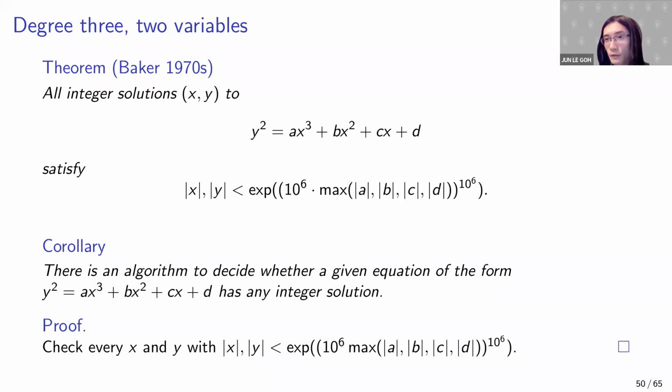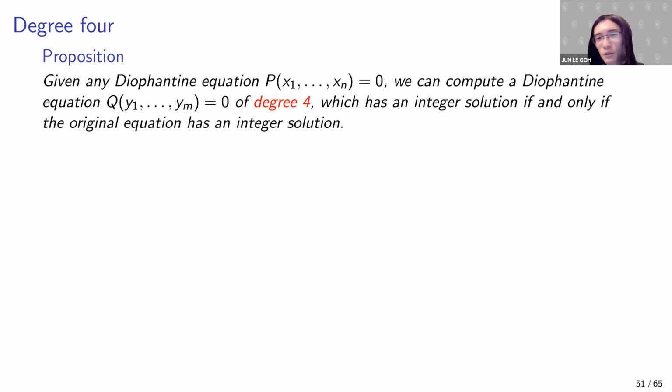Actually, for degree 4, we know exactly what happens. And that's because of the following proposition. Given any Diophantine equation P, we can compute a Diophantine equation Q. Q is defined from P in some way, and Q has degree 4.